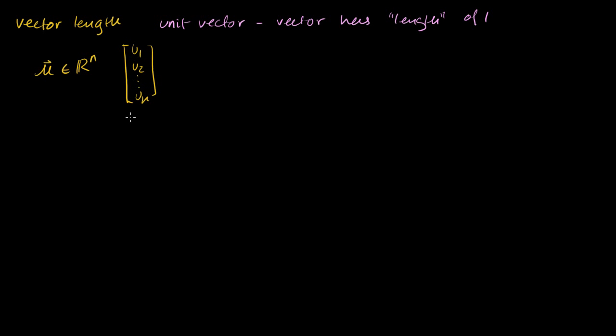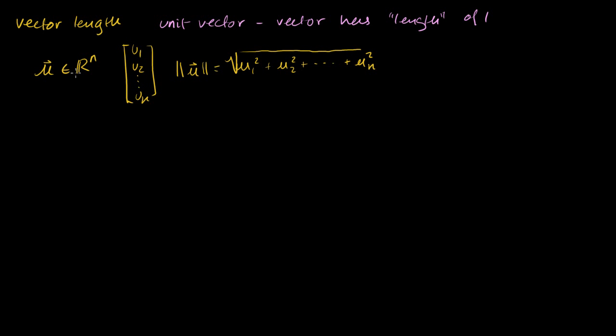We know what the length of this is, right? The definition of the length. The length of u, sometimes called the norm of u, is just equal to the square root of the squared sums of all of its components. And if you think about it, this is just an extension of the Pythagorean theorem to some degree. So it's u1 squared plus u2 squared all the way to un squared, and it's the square root of that.